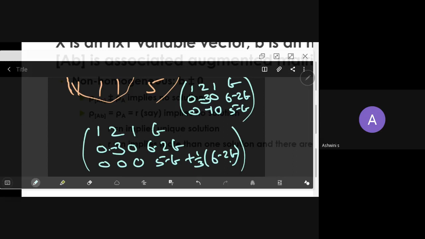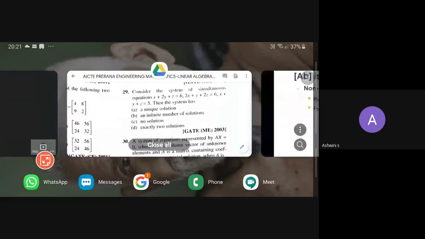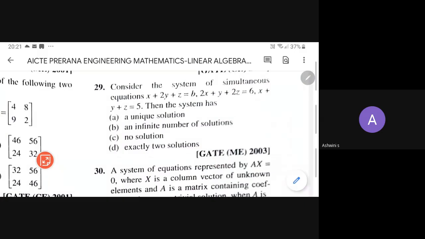What are the possibilities they have given? A unique solution, an infinite number of solutions, no solutions, exactly two solutions. So what can we say about this?